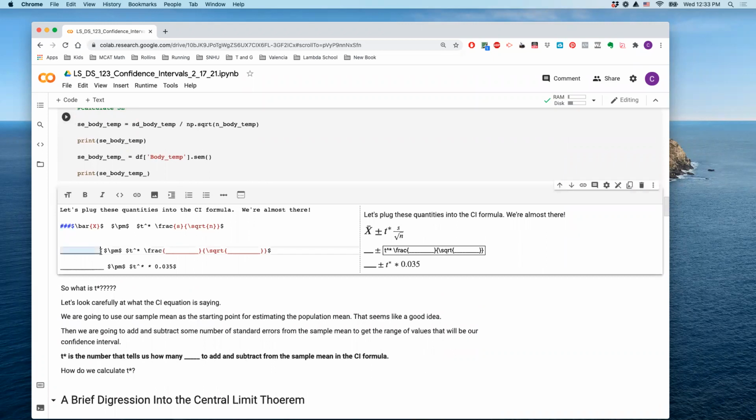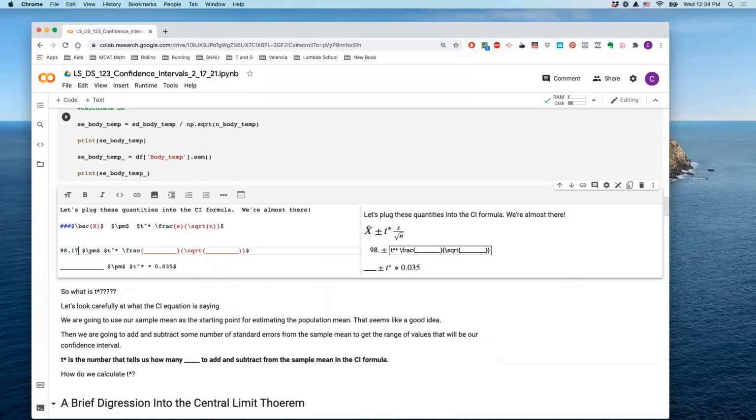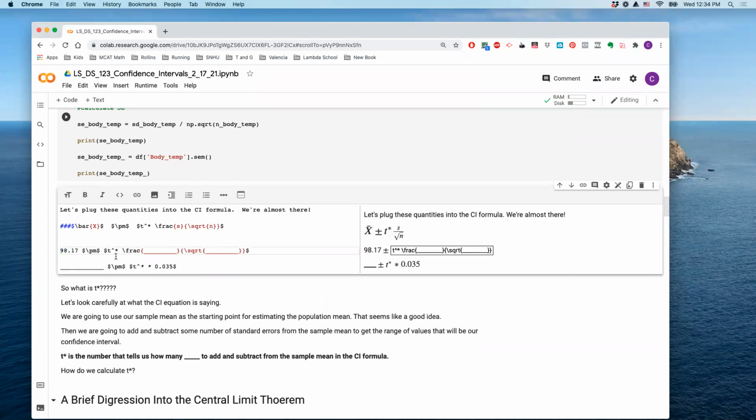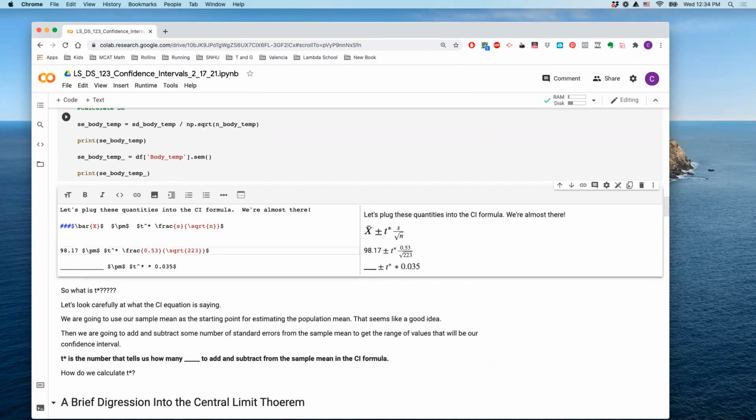So we've got our sample mean, and that was about, let me look at my notes, that was about 98.17 degrees, plus or minus t star times 0.53, which was our standard deviation, divided by the square root of our sample size, which was 223.